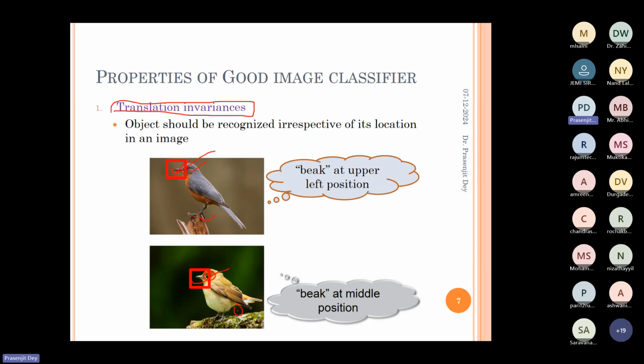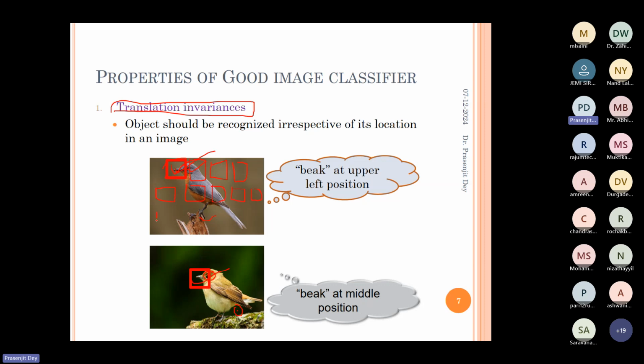Suppose I want to look for whether there is a beak of the bird present in the image or not. In that case, we will not see the overall image to look for the beak. Rather, at a time, we will look at a particular portion of the image and see whether the beak of the bird is in this portion or not. It is like you are using some lenses and trying to look at each portion of the image.